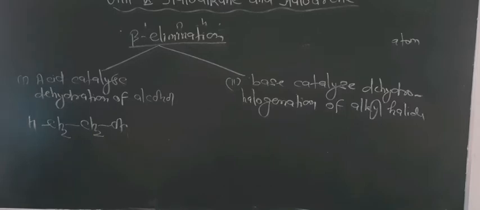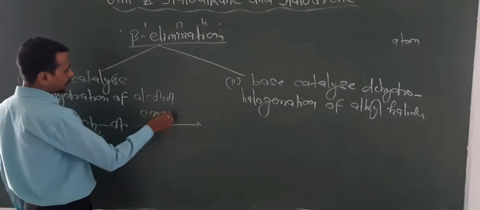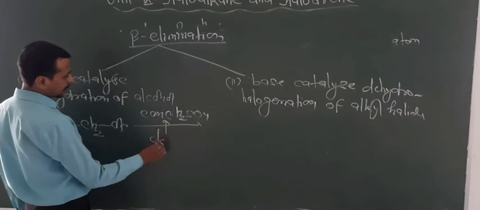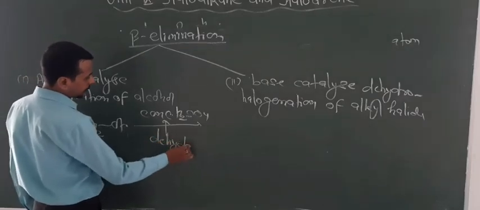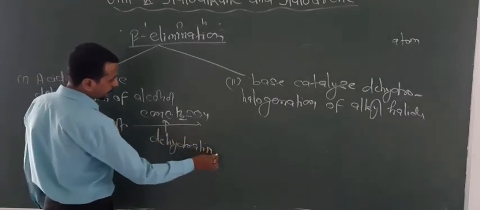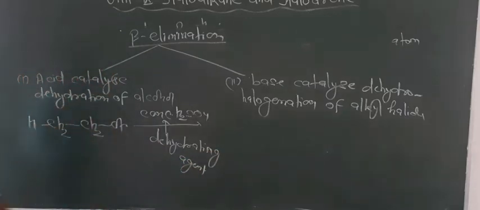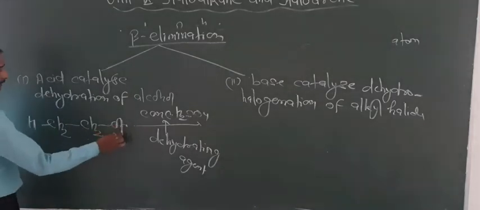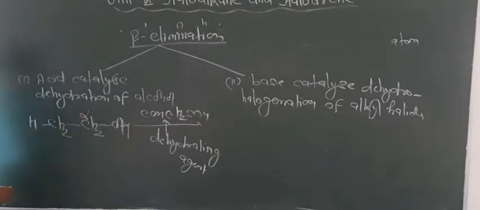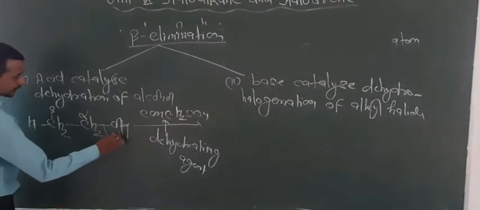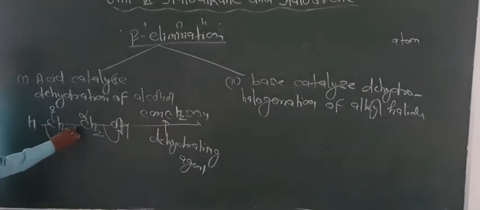Basically what happens here? This reaction takes place in presence of concentrated H2SO4. This works as a dehydrating agent. Here loss of water takes place. Now the carbon which is attached to the OH is known as alpha carbon, and this carbon is known as beta. So look at here, this bond breaks like this, and now this bond changes like this.